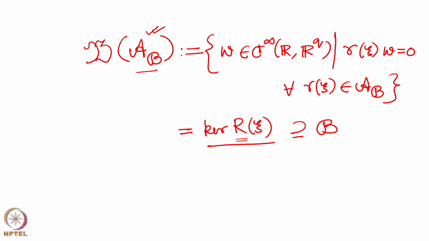So those trajectories W hat are killed by everything in the annihilator. But if they are killed by everything in the annihilator, by definition they should belong to this behavior. So that's why this containment is there. Are they equal? Well, not necessarily, not always, because this has the structure of a behavior. This, remember, need not have the structure of a behavior. This is just a collection of trajectories. Are you sort of surprised by these things?